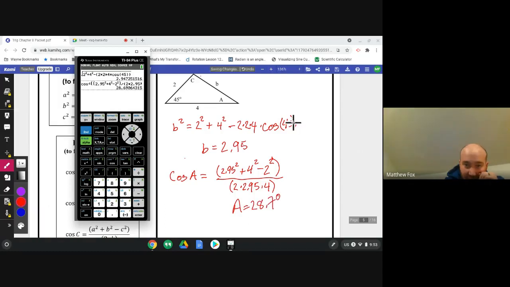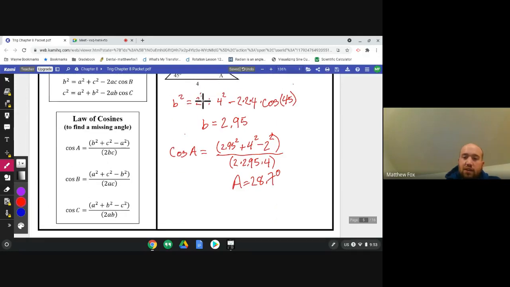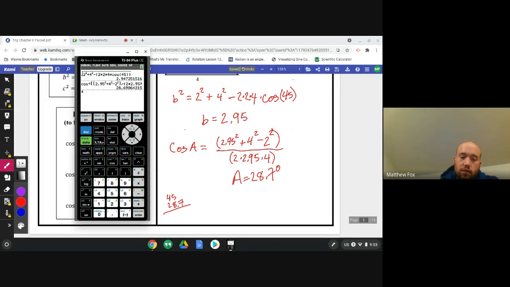All right, now at this point, we know 2 of the angles, 45 and 28.7. So let's go ahead and find that last angle. This should be easy. So we do 45 plus 28.7. If we add those together, we get 73.7, and now all we have to do is take that away from 180.